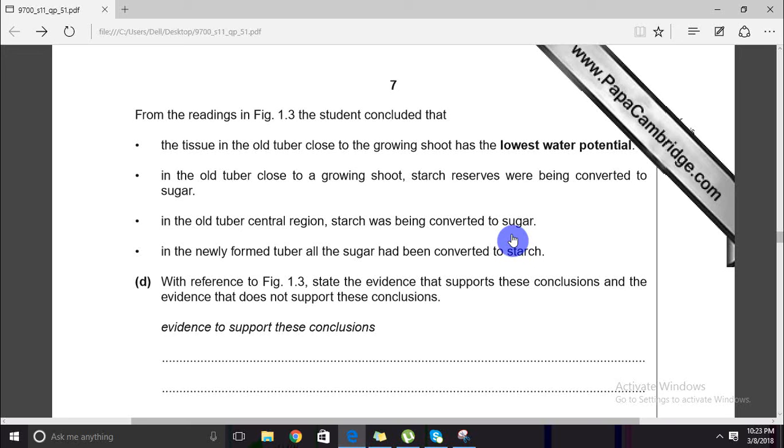That is just a conclusion. And again, the reason it has such a high water potential might be because all of the sugar existed in the form of starch, but nothing is exactly 100% portraying it.